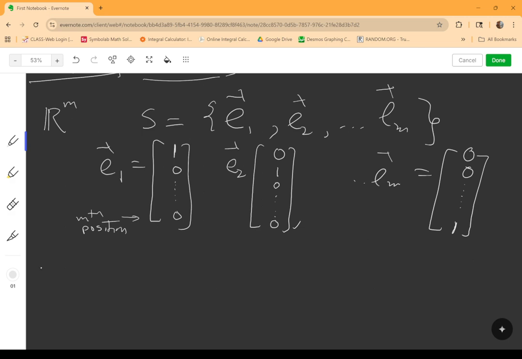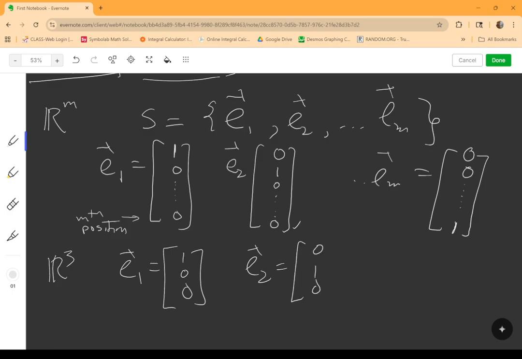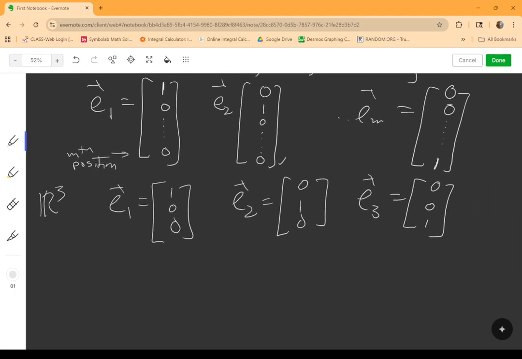Again, for a particular example, R3, we have three vectors: e1 is 1, 0, 0; e2 is 0, 1, 0; e3 is 0, 0, 1. Sometimes in physics or multivariable calculus, we call these i, j, k.